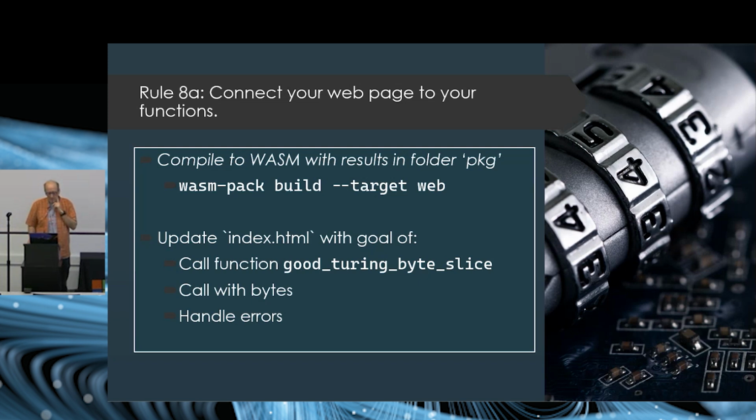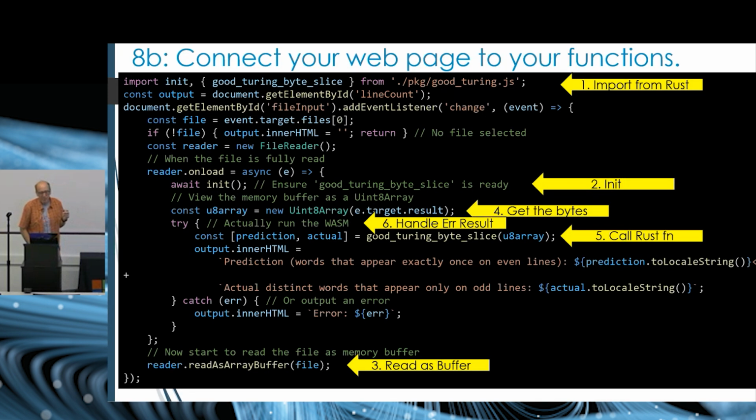Now, then we'll update our web page, say index.html, and our goal is to have it calling good Turing byte slice, pass in some bytes, and handle errors. And let me just talk about some of the changes we need to make. So at the top, you'll see we need to import both an init function and our function good Turing byte slice, and the location, it was put there by that packaging thing we saw just a second ago.